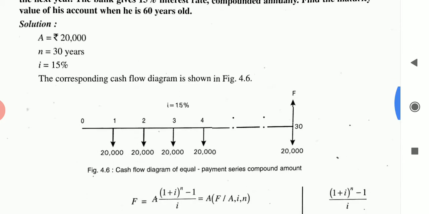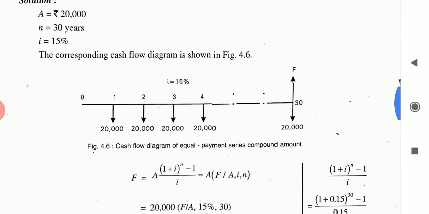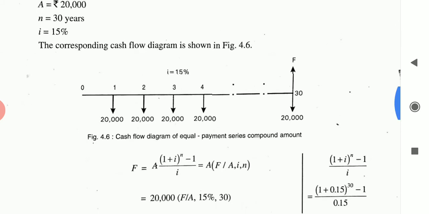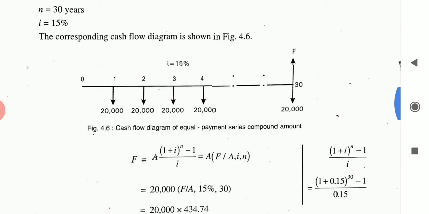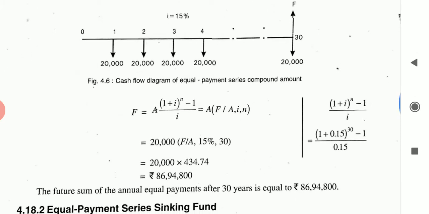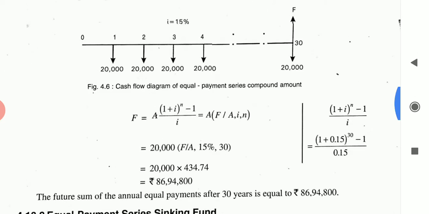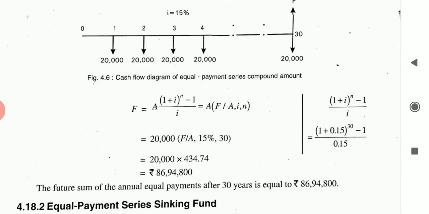Then interest is 15%. If we know the A value, the I value, and also the n value, by using this formula we will get the F value. F is the future sum of the annual equal payments after 30 years.